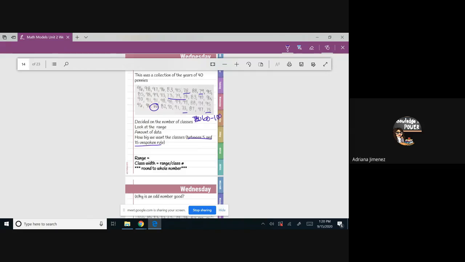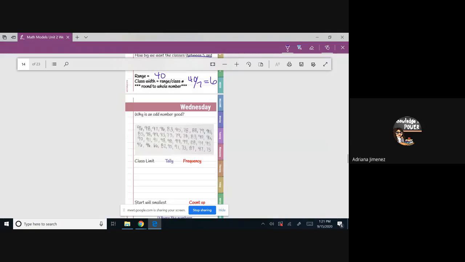The range was from 60 to 100, which is 40. Then the class width is when you divide it, and you always want to round to the nearest whole number. She divided it by 7, which gives you 5 point something, so that means there are 6 sets. And she said an odd number was really cool. So this is how you do your frequency distribution.